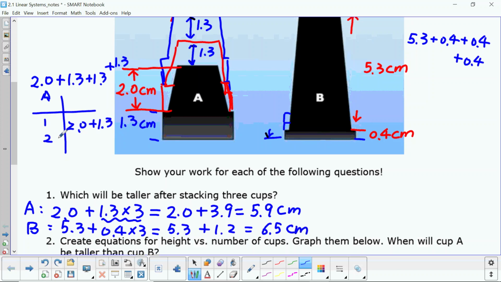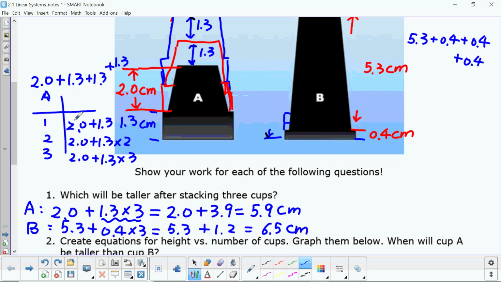And 2 cups we have 2.0 plus 1.3 plus another 1.3. So 2.0 plus double of the 1.3. And the third cup is 2.0, you keep adding 1.3 to the top. It will be 1.3 times 3.